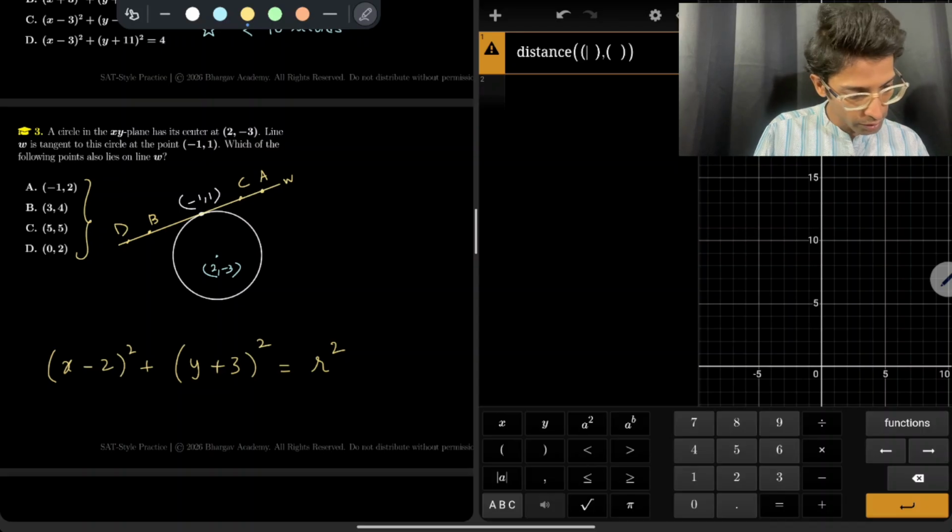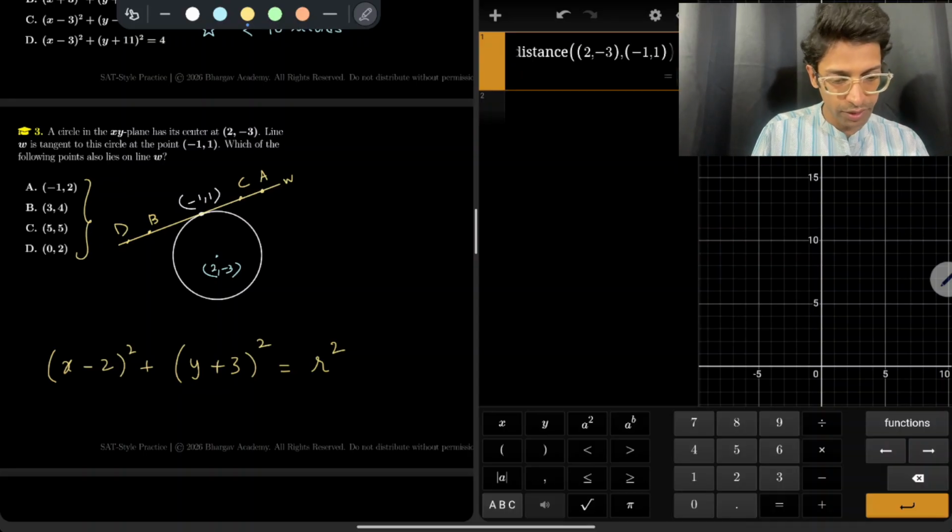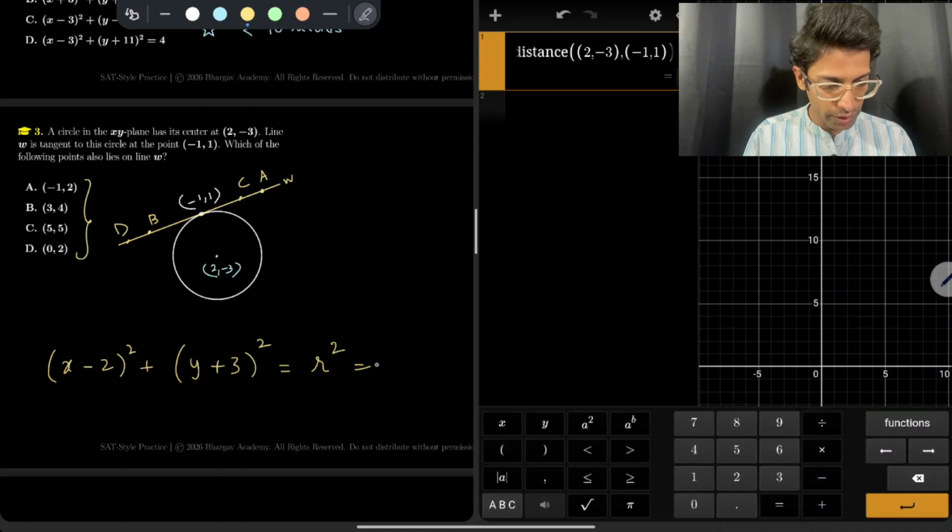So the first point is (2, -3). The other point is (-1, 1). All right. So the radius is 5. So radius square will be 25. So that is the equation of the circle.